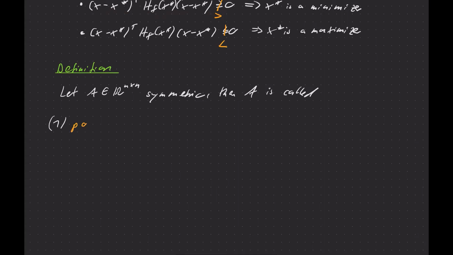So A is called positive definite if V transposed AV is strictly positive for all directions V in R to the n, with the exception of the 0 vector. Of course, it couldn't be positive if V equals 0.